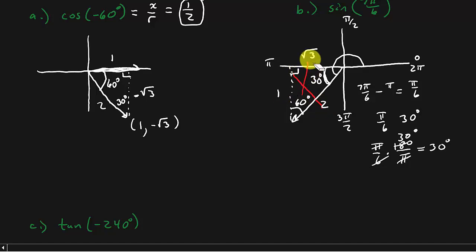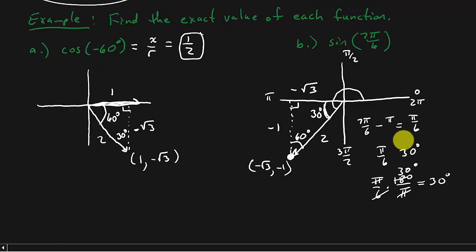See if I can erase this without erasing anything else. All right. Now, what's this point right here? Well, this would be the point negative square root of 3, negative 1, right? Because I went to the left and I went down.